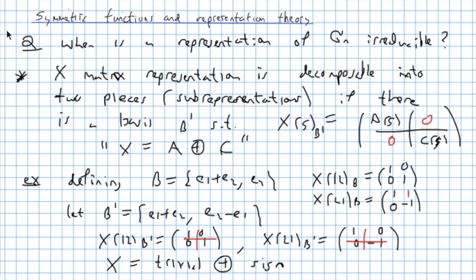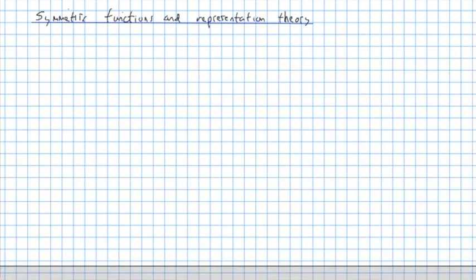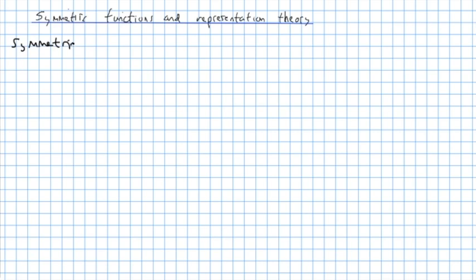That's a very brief overview of representations and representations of the symmetric group. But now I want to mention a little bit about symmetric functions. So we're going to consider functions, say with complex coefficients, but they're going to be power series in a countable number of indeterminates, so x1, x2, and so on.